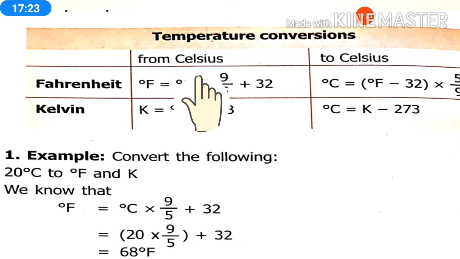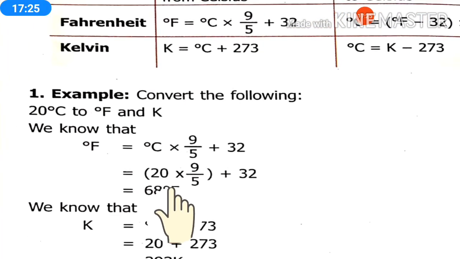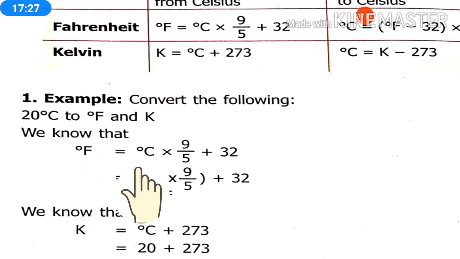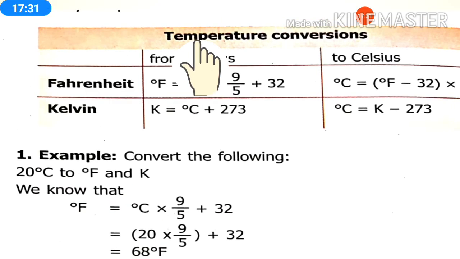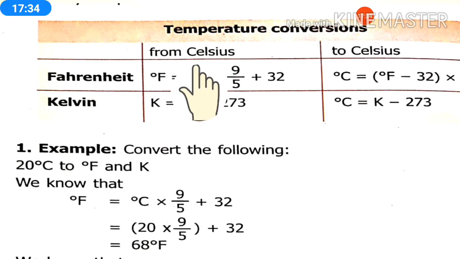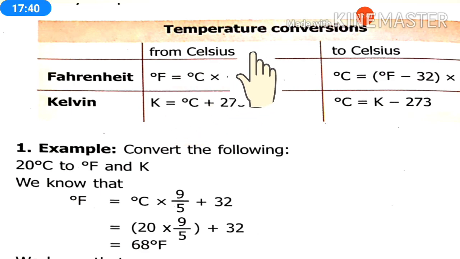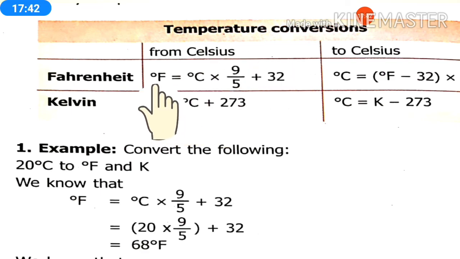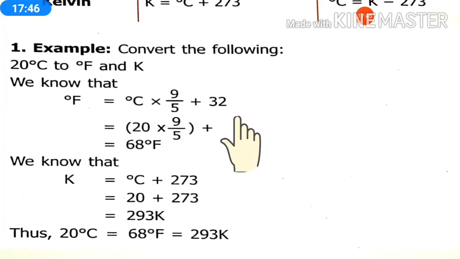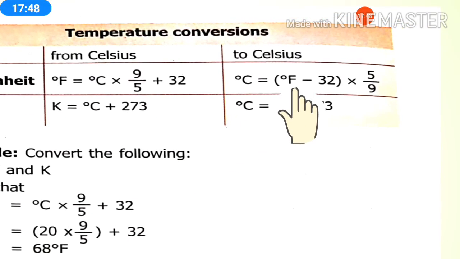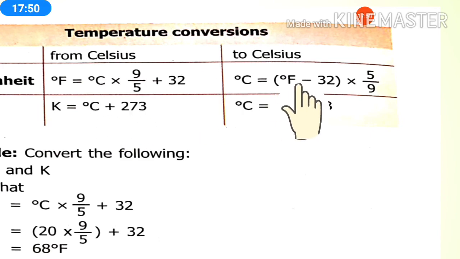We have the value in Celsius and we have to convert to Fahrenheit, so we will take that formula, put the Celsius value here, and by solving and calculating we can find Fahrenheit.